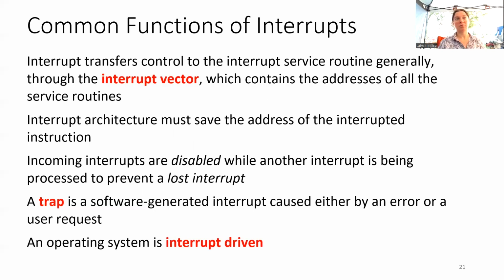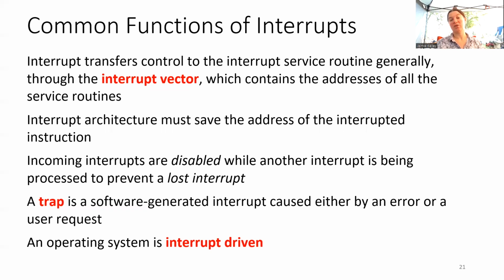So interrupts are important because they are part of what really drives an operating system's use. But first, it's important to understand what they are. When an interrupt occurs, typically that is because we have an input or an output device that needs to have its data handled by having that data transferred from memory to the device controller or from the device controller to memory.